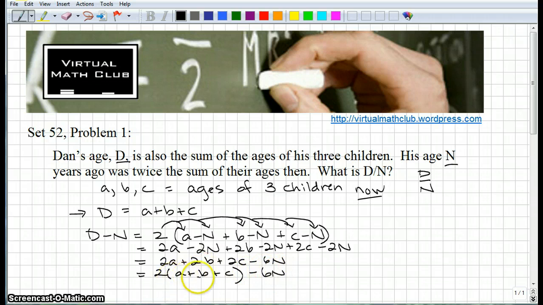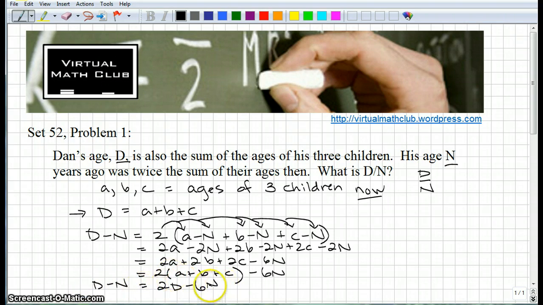I see A plus B plus C, I know that's D, and then I can get rid of all the kids' ages, and I'm just working then with D and N. So I can say 2D minus 6N, and then that's equal to D minus N.